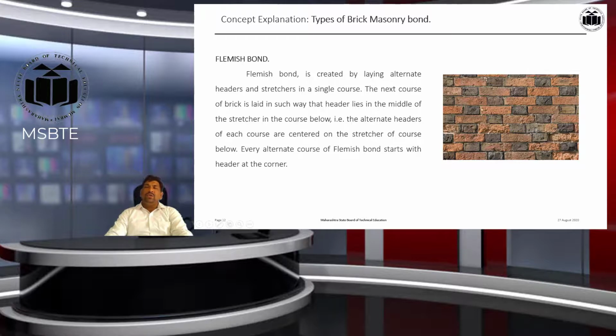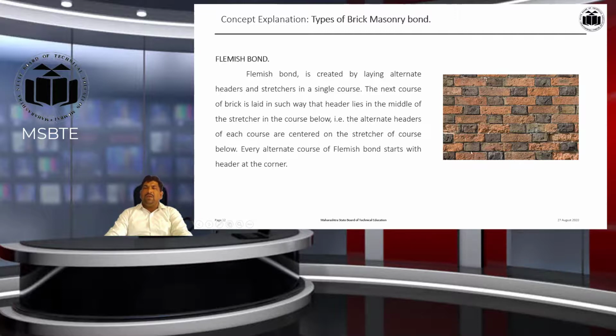Okay, so what basically is the difference between English bond and Flemish bond? With the help of this image we can analyze that in English bond one complete layer was of stretchers and another layer was a complete layer of headers. But in this case, a single layer will be a combination of alternate header and stretcher.